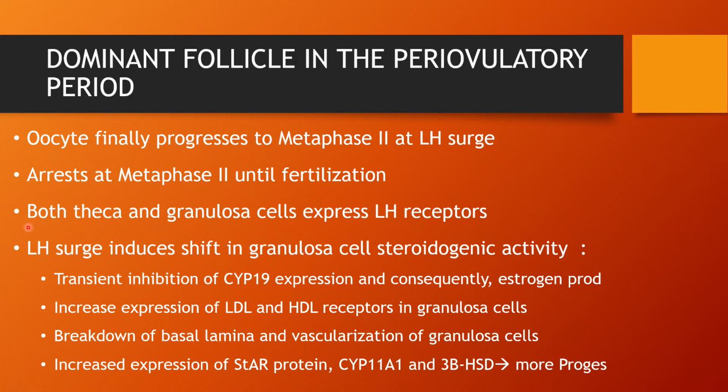Okay, the LH surge induces a shift in the granulosa cell estrogenic activity, resulting in estrogen production, increased expression of your LDL and HDL receptors, breakdown of the basal lamina, and vascularization of your granulosa cells, and increased expression of your StAR protein and your CYP11A1 and your 3 beta HSD, okay, to produce more progesterone.